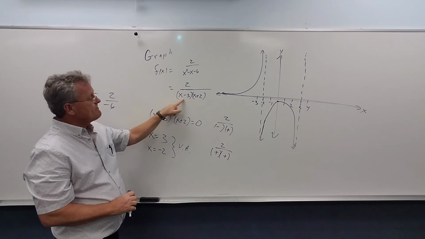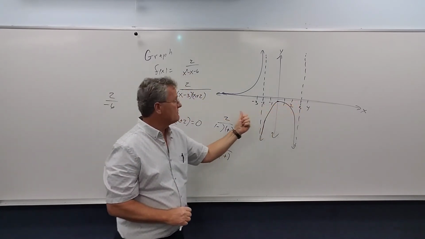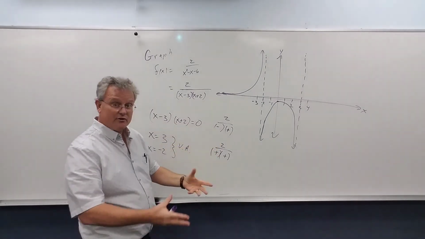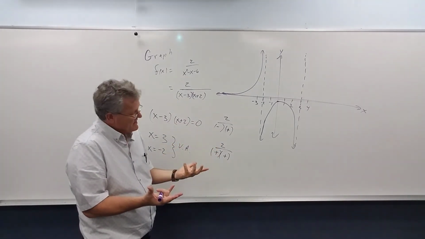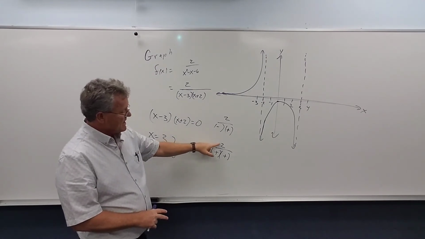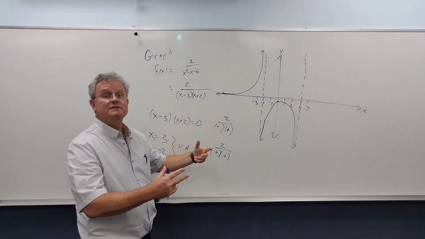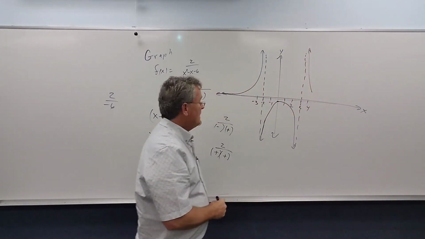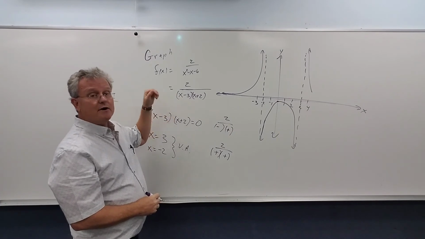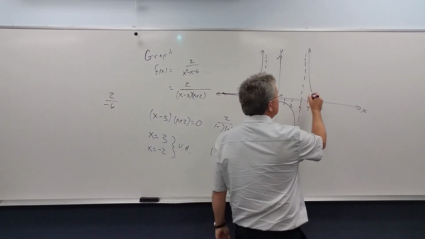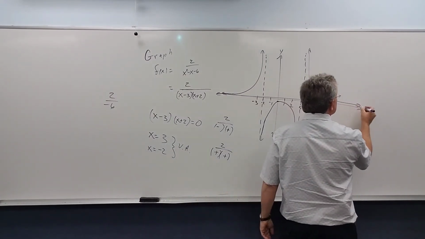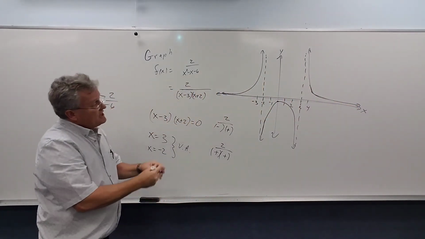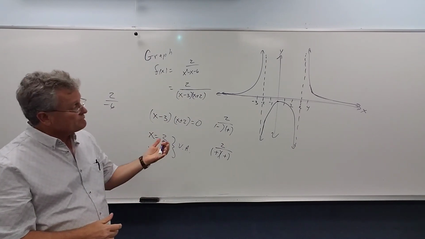That's always going to be a positive when we're a little bigger than 3, but it's going to 0, and any number over 0 blows up to infinity, but is it positive or negative infinity? A positive over a positive and a positive is a positive infinity. It's going to go up to positive infinity. And then again, as we talked about, our horizontal asymptote is y equals 0, which is the x-axis. So this is going to come down and get closer to the x-axis. And our graph is going to look something pretty close to that.